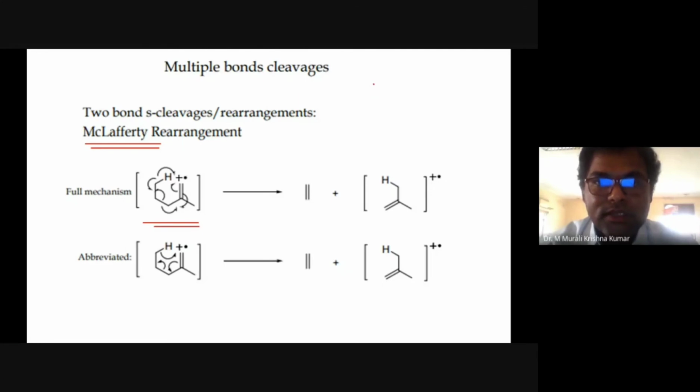The general structure looks like this. Here you can have X. Here you should have H. To this carbon, alpha, beta, and gamma. On the gamma carbon, we need a proton.